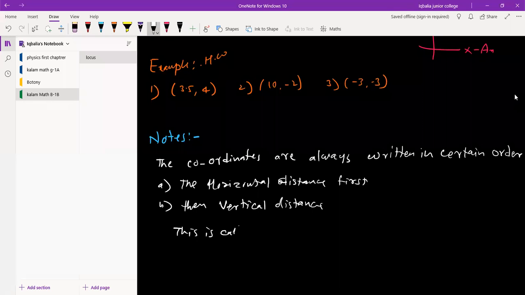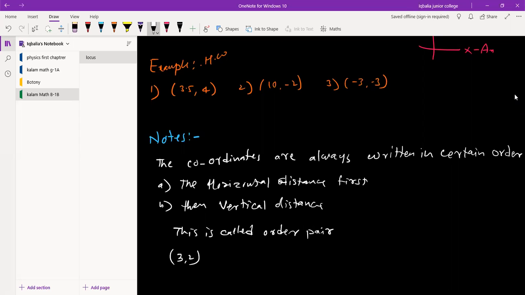This is called an ordered pair. Okay, so here suppose I have an example 3 by 2. 3 by 2 means I have a Cartesian coordinate system, and that 3 means how long in the x-axis, and 2 means how long in the y-axis.